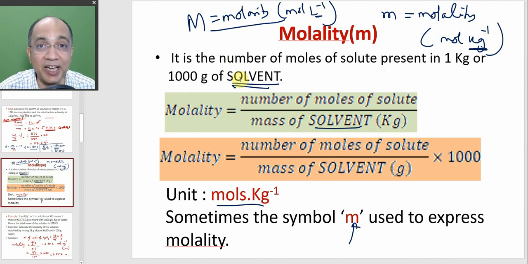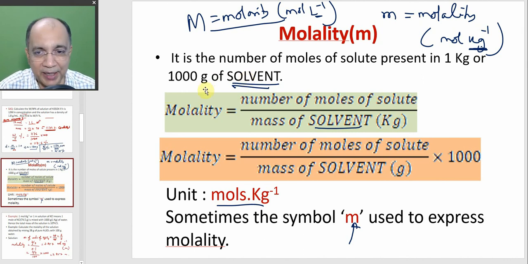The first time you are using pure solvent as the way of expressing concentration. So far we have been taking the entire solution mass, entire solution volume. But here only pure solvent. Per 1000 grams of pure solvent, what is the number of moles of solute?